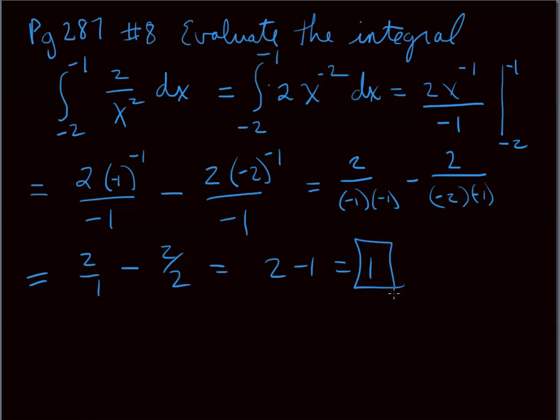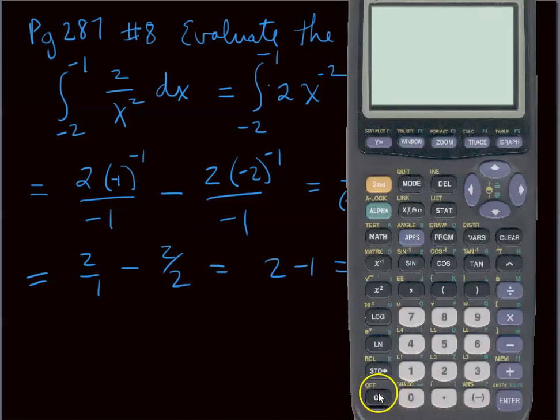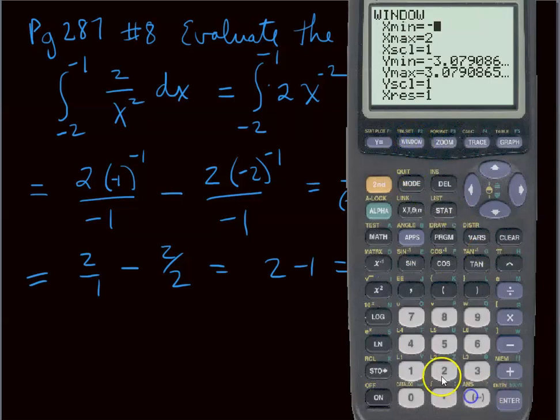Is this really true? Let's see. If we bring up our calculator again, and we put in the function, this is 2 over x squared. So let's do, see, the window should go from negative 2 to, I'm sorry, negative 1.